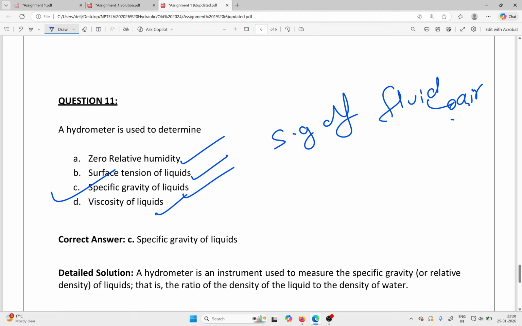So which option will you choose? Here, let us assume option C was the specific gravity of fluid, and option D was none of the above.